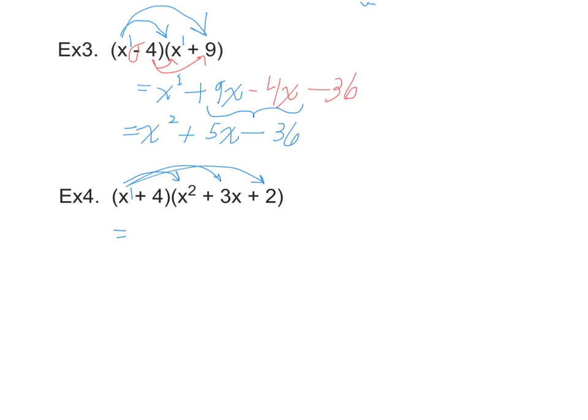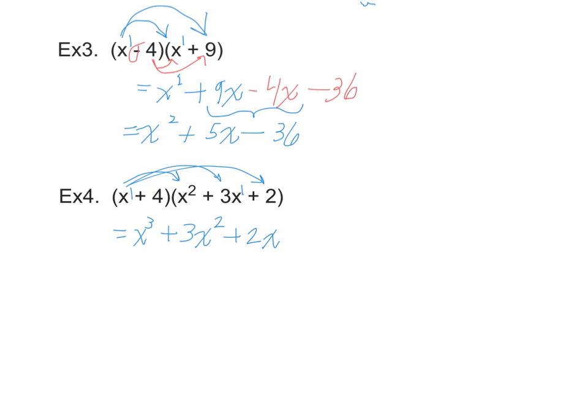Altogether, I have an exponent of 3. X to the first times 3x to the first. Altogether, I'll have x squared with that 3 in front. And finally, the last one, x times the 2, will be a 2x.